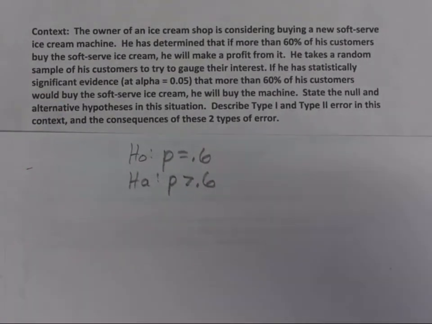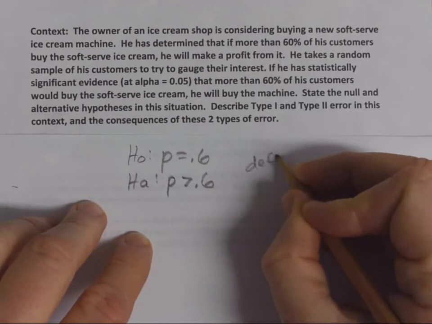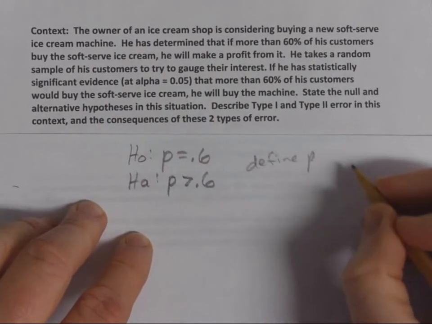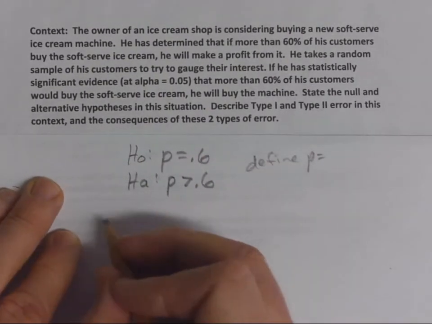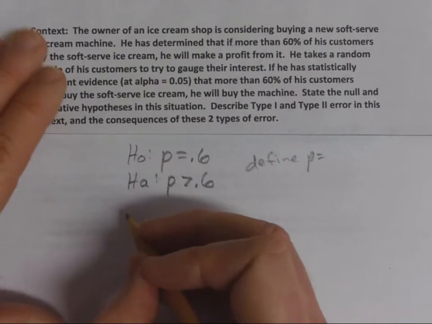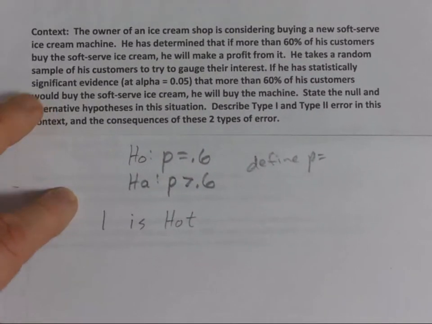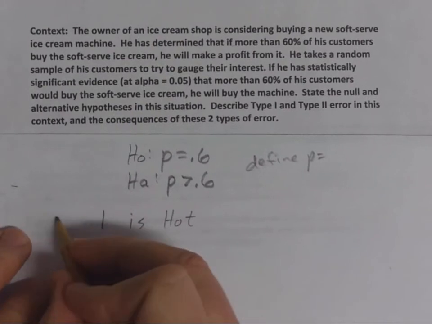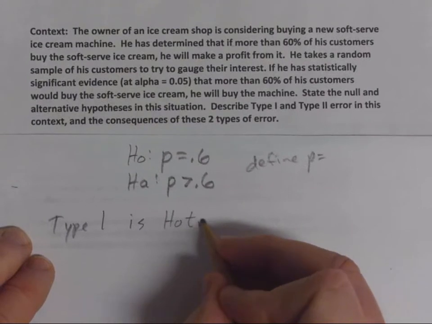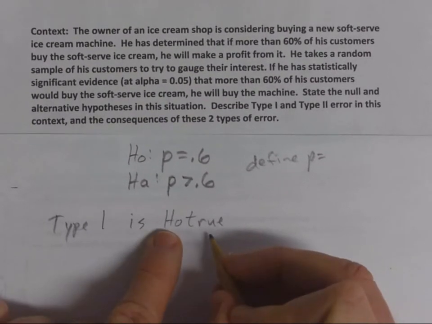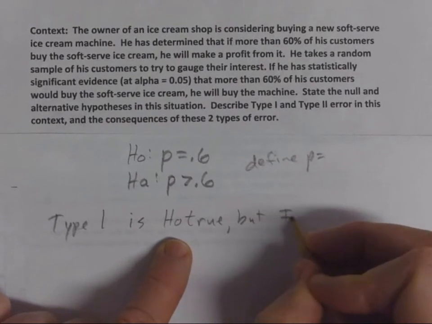Now we're asked, what is type 1 and type 2 error? Of course, we would define p in your hypotheses, which is important to do, but I'll do that in a minute. Whenever you're asked about type 1 error, I always say to myself, 1 is hot. So what that's saying is type 1 error is when the null is true, and in order for it to be an error, I rejected it.